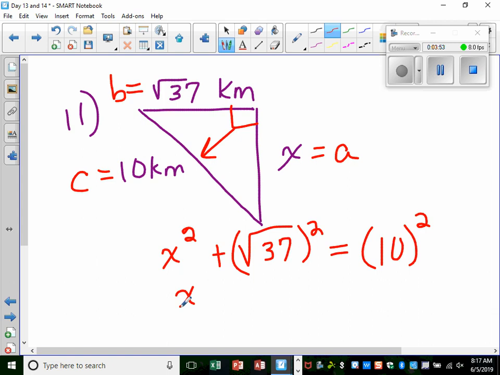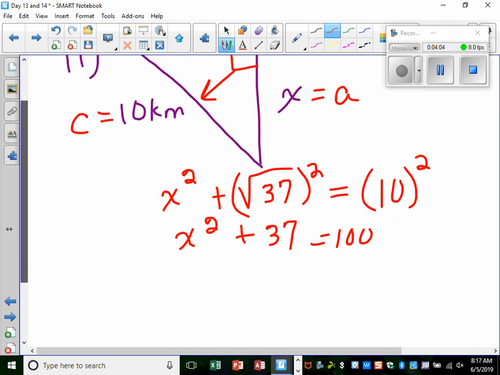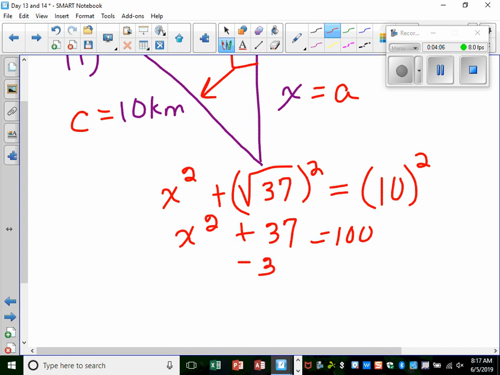So this is going to be x squared plus 37, because when you square a radical, it just gets rid of the rad, equals 100. So what is 100 minus 37?